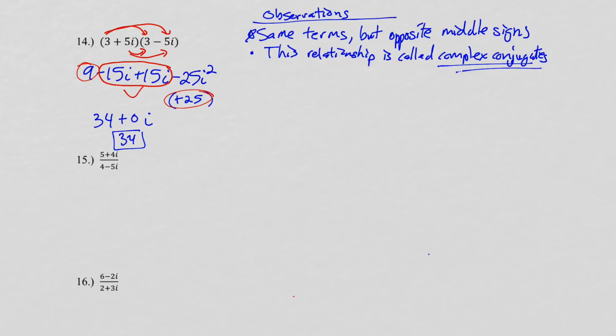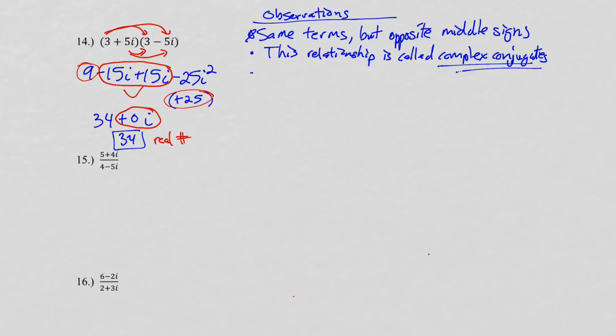So all the imaginary terms disappear because we have this 0i. And so now this is what's called a real number. It doesn't have any imaginary parts, so that's very helpful in some cases. We'll see in a minute.